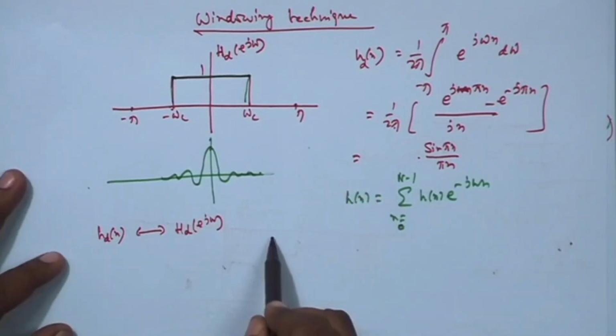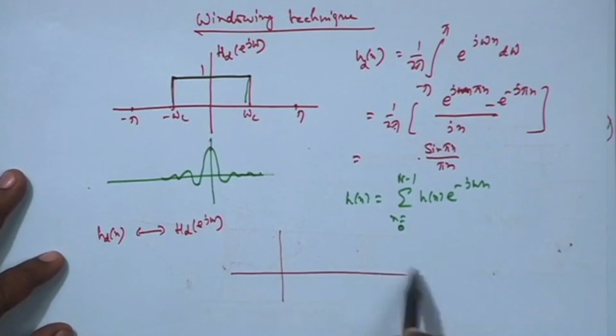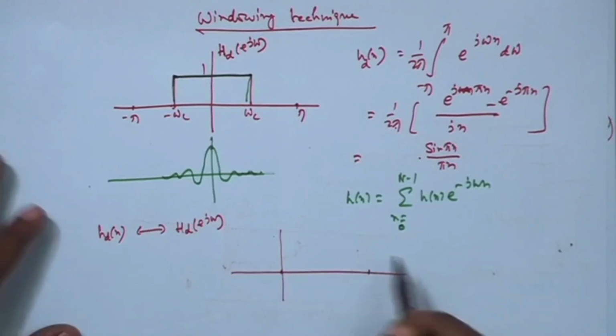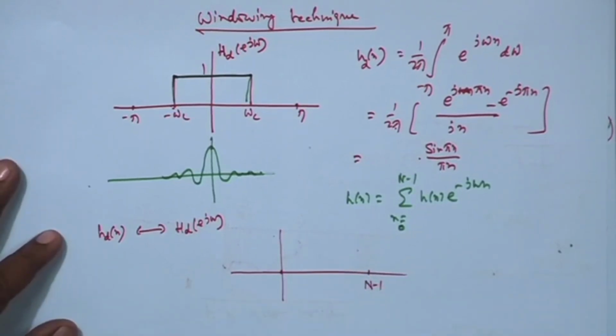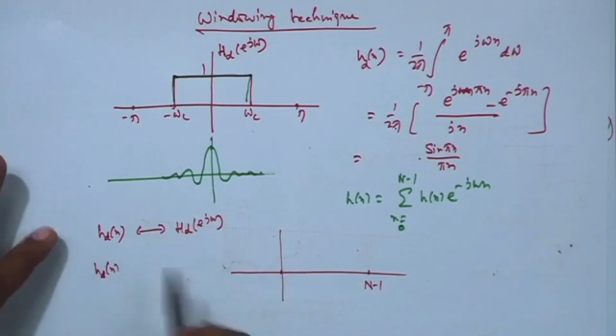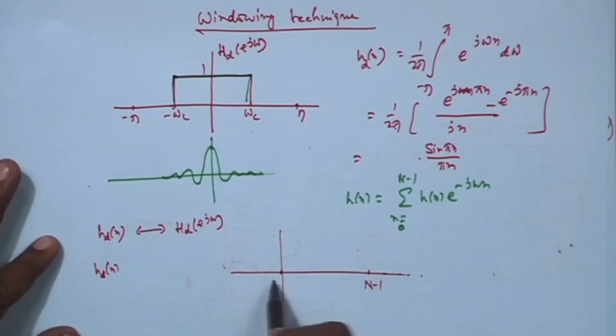What I will do, I will take it only over a zone 0 to maybe some n minus 1. So, that means, if I multiply h d n, I take all the samples as it is only over this region, outside it will be all zeros.